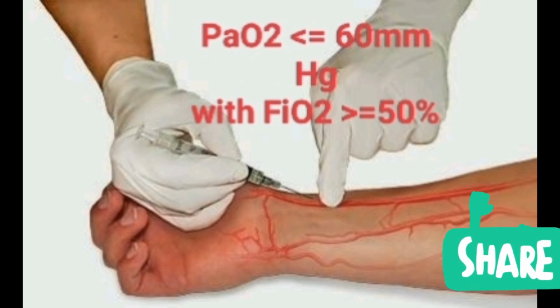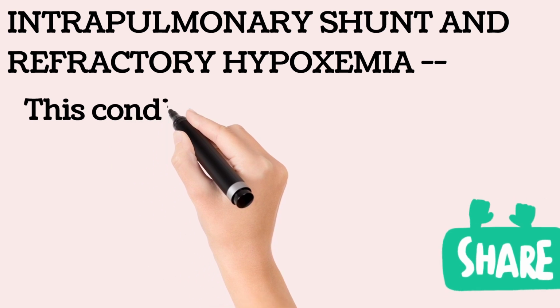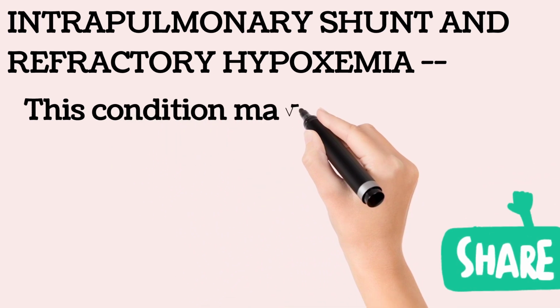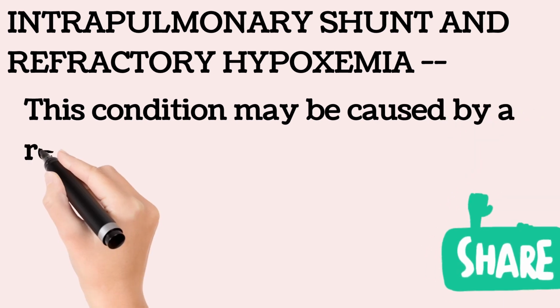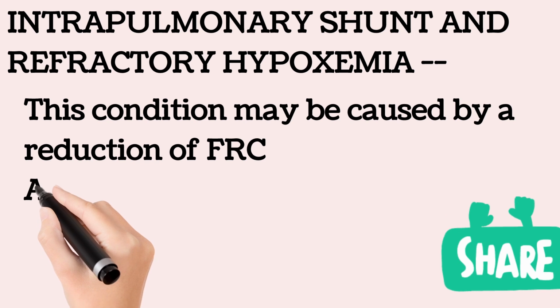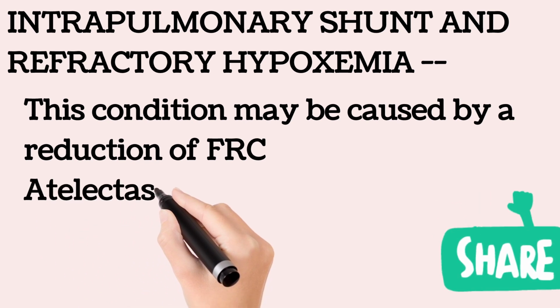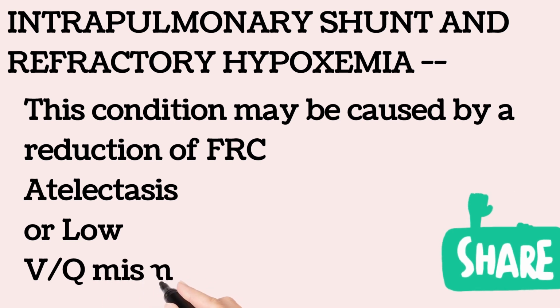That means if any patient receiving oxygen with an FiO2 of 50% or more, and after doing an ABG we get a PaO2 value of 60 mm of Hg or less, then we can say that the patient has refractory hypoxemia. This condition may be caused by reduction of functional residual capacity, atelectasis or low VQ mismatch.